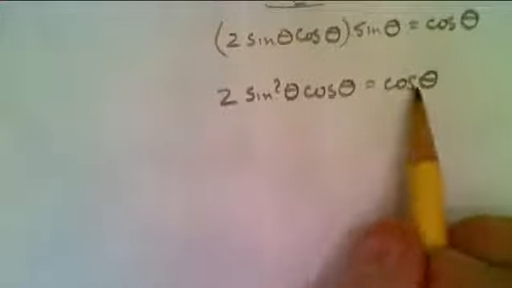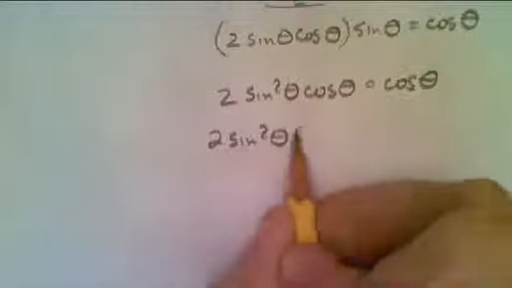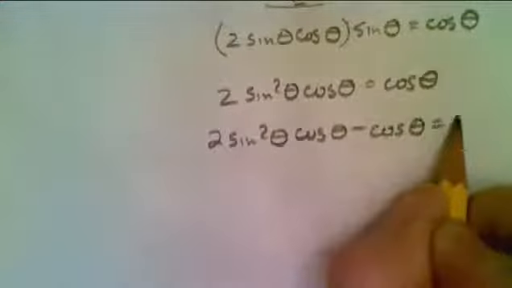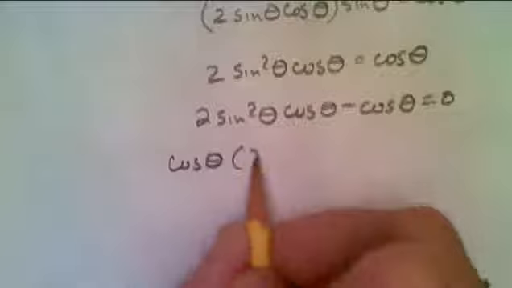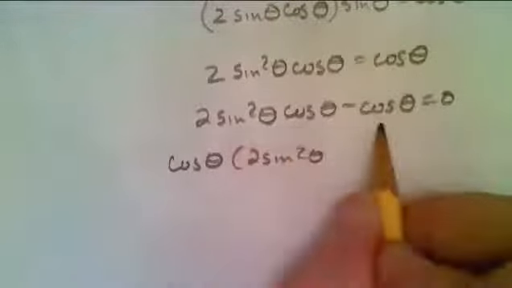So again, before we can factor this, we've got to set it equal to 0. With two terms, they have something in common. I can factor out the cosine of theta. So here I get 2 sine squared, there I get a minus 1.